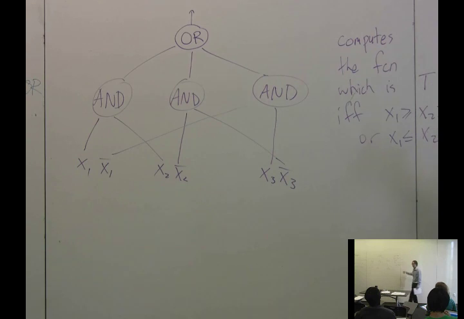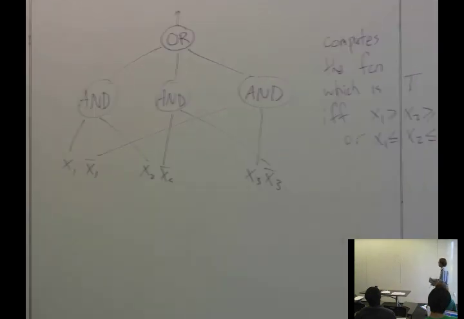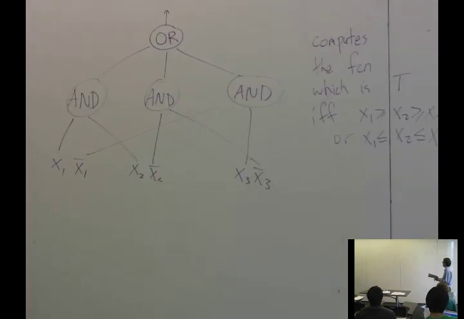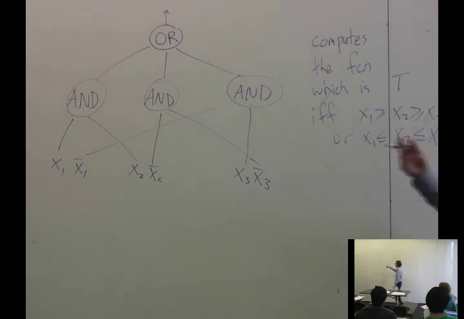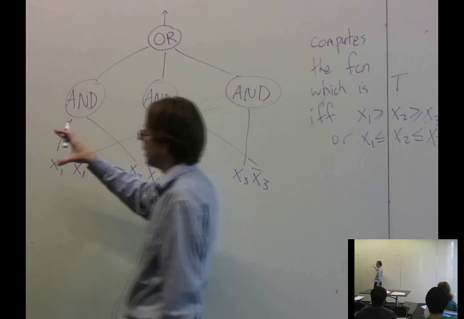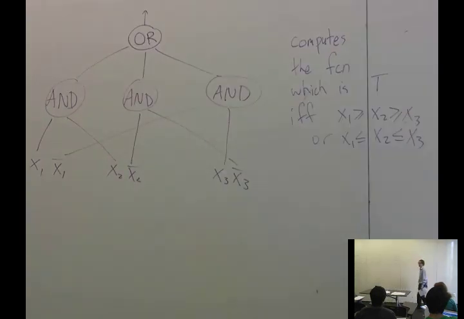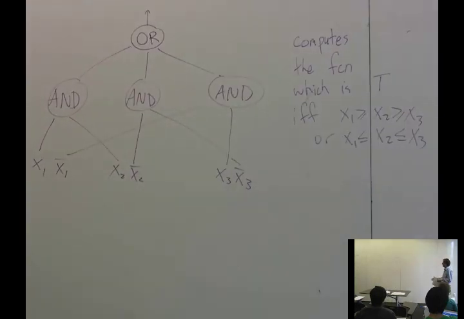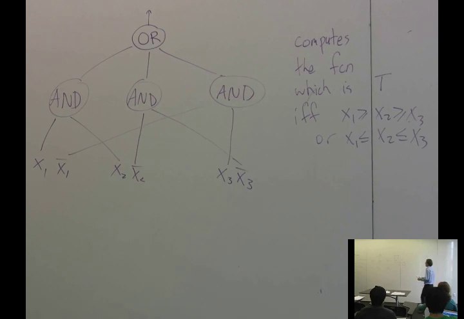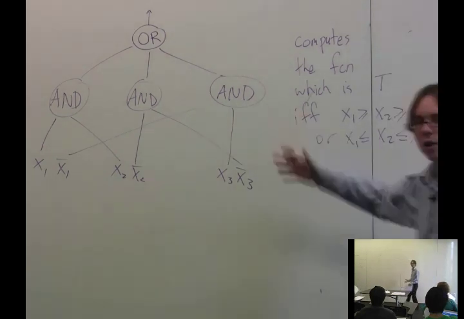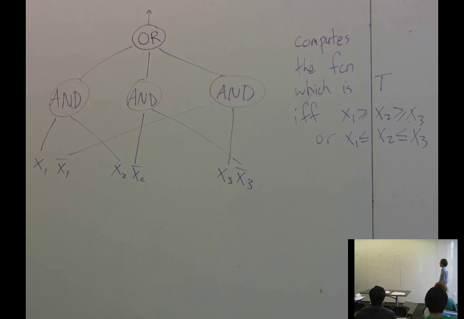OK, I think that's right, but you can check if I made a mistake or not. So just to remind you, a DNF formula is actually a syntactic object which computes a Boolean function in a natural way. But we're going to eventually just identify them in our heads. So sometimes I'll talk about this as a Boolean function, even though it's actually a representation of a Boolean function.